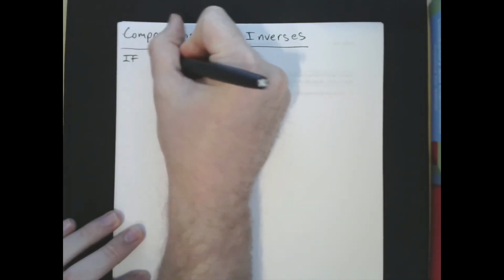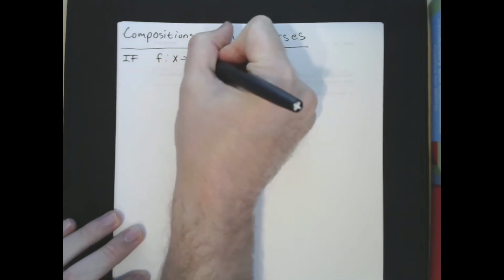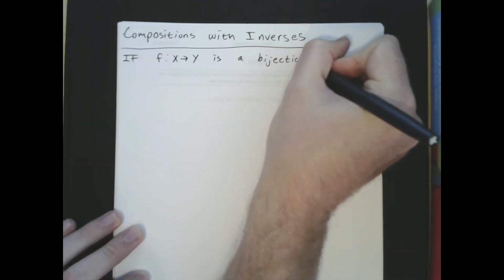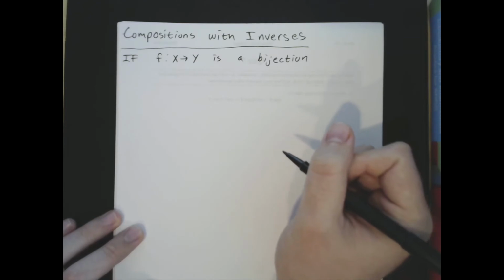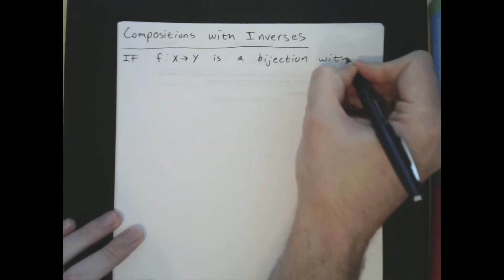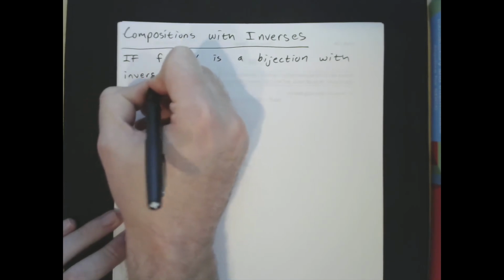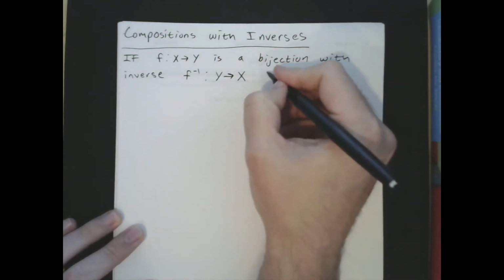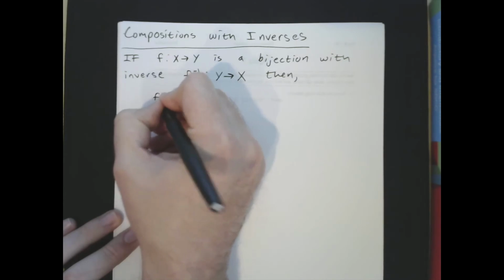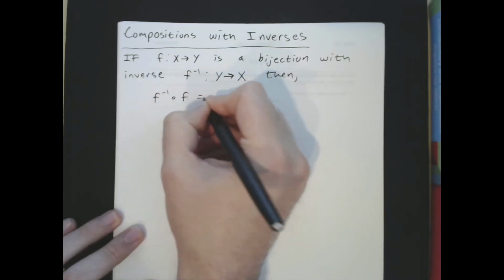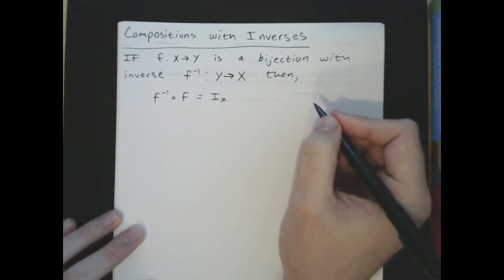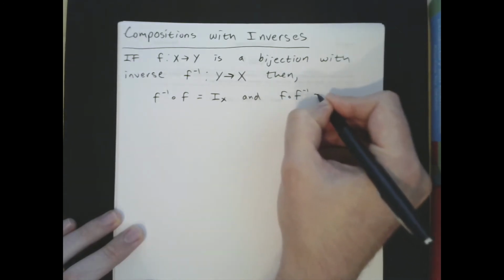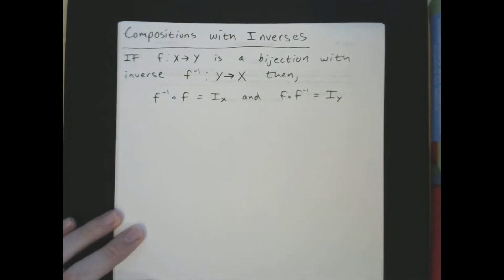So if f maps x into y is a bijection, meaning it's injective and surjective, so one-to-one and onto, with inverse f inverse that maps y into x, then f inverse composed with f becomes the identity function on the set x, and f composed with f inverse becomes the identity function on the set y.